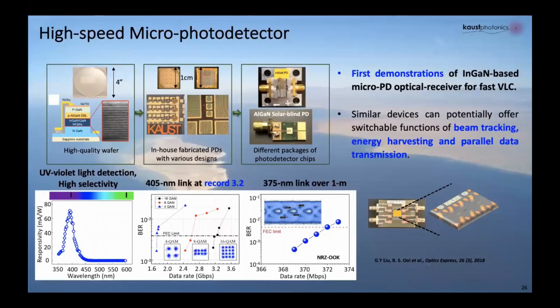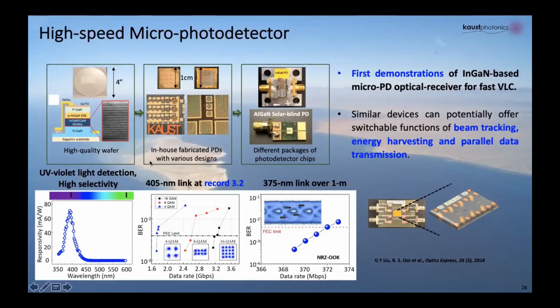In our labs, we work on micro photodetectors for these applications. If you want to have high speed, we know that the size of the component has to be small. But if it's small, it's quite difficult to align. So what we are doing here is to have an array of micro PDs so that we are able to increase the detection area and yet keep very high speed.